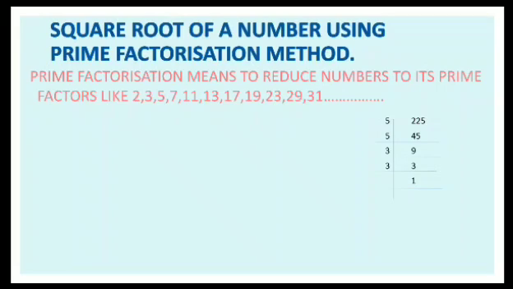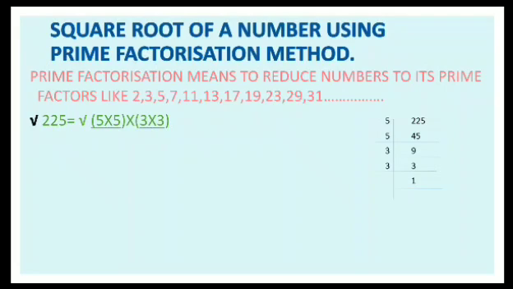That means two 5s and two 3s. Therefore, the square root of 225 can be written as square root of 5 multiplied by 5 multiplied by 3 multiplied by 3. We have to make groups of two same numbers.